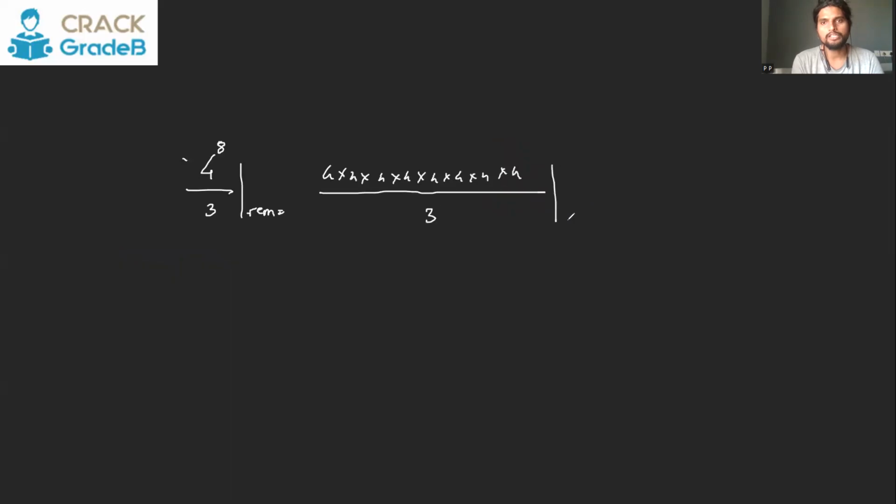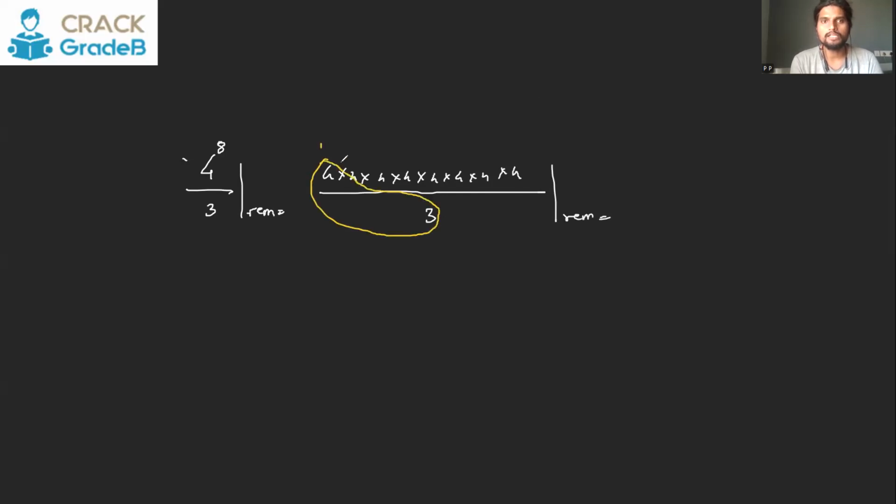The application is, if I say, what is 4 raised to the power 8 upon 3? What is the remainder? You know 4 raised to the power 8 means 4 into 4 into 4 into 4 into 4 into 4 into 4 into 4. And if I divide it by 3, I need to check what is the remainder. So what we just saw is you need to check individual remainders.